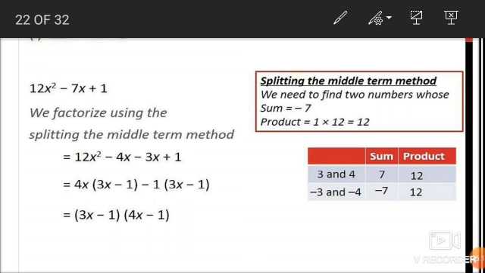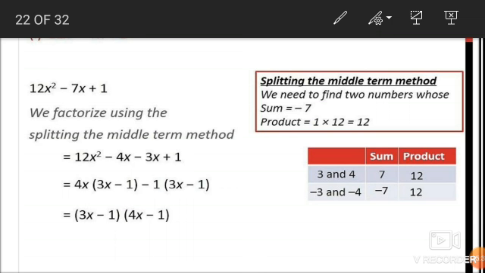Here we split 7x as minus 4x minus 3x. Observing the first two terms, 12x square minus 4x, we take out 4x common. In the first term 3x remains, minus as it is, in the second term 1 as it is.